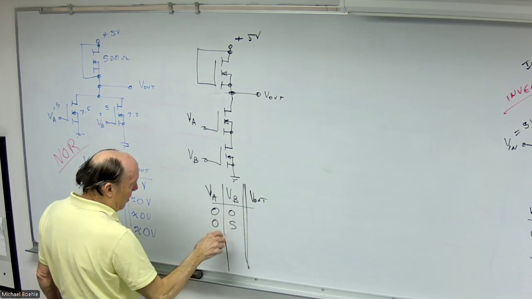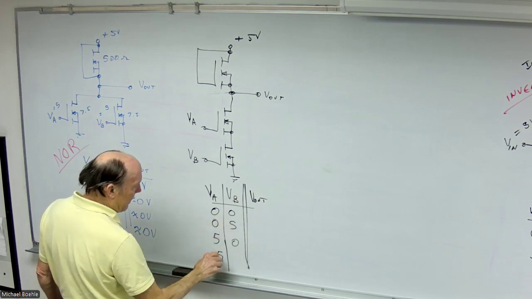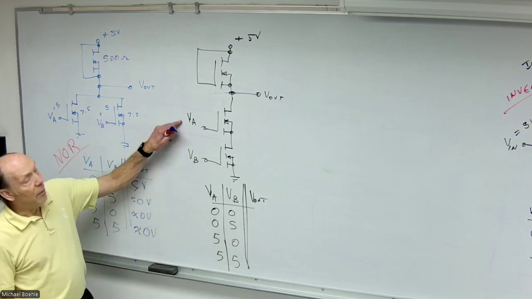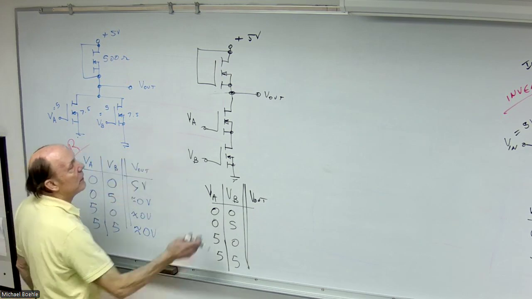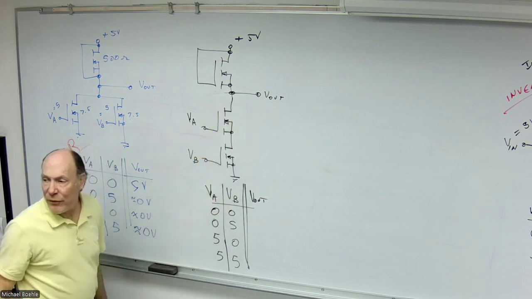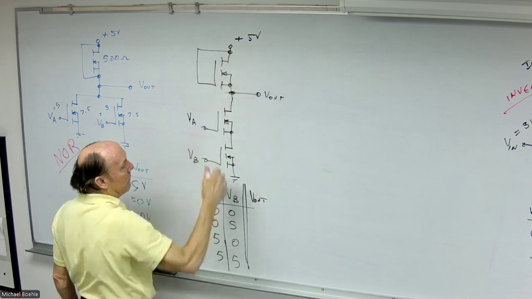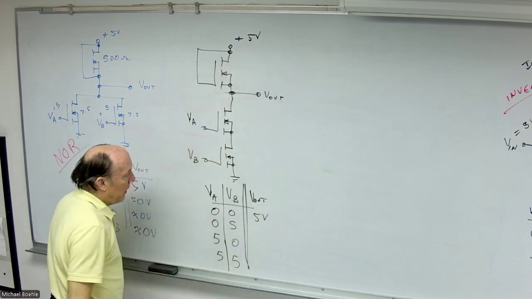Same 4 combinations. Now, with both transistors off, no path for current flow. Output voltage, 5 volts.